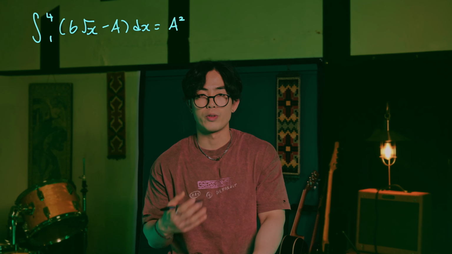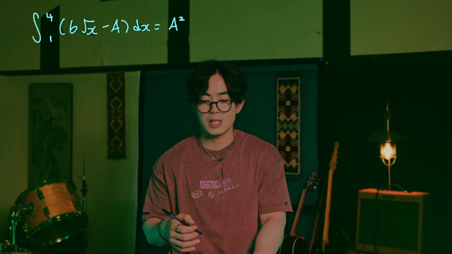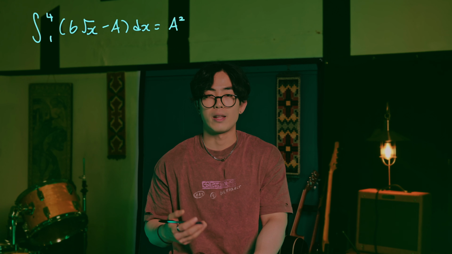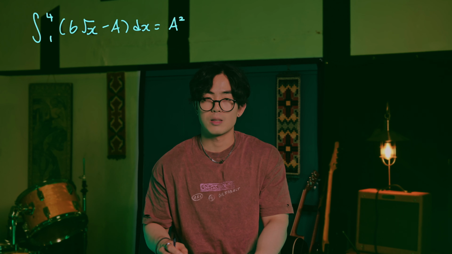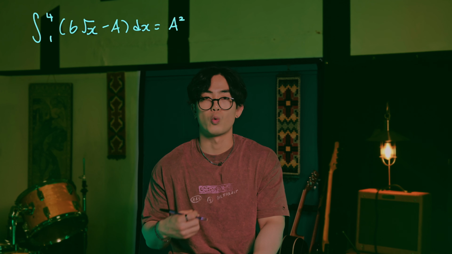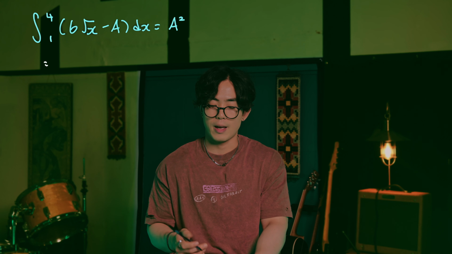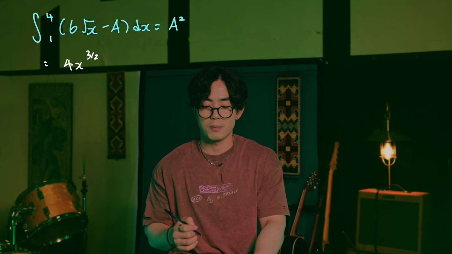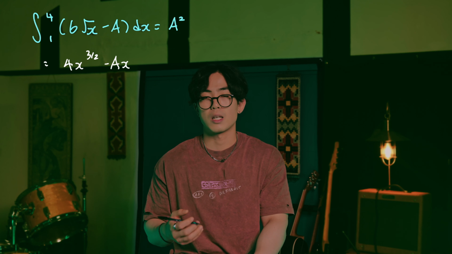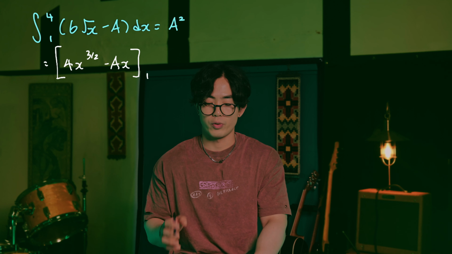We can also find terms within a function. For example, this question here, you can see we have limits of 1 to 4, and we have the function 6 root x minus a, which we have to integrate. And if we do, they say we end up with a squared. So once again, it's just manipulation, but the same process. Initially, we should always first integrate. So we're going to get 4x to the power of 3 over 2 minus ax, because a is just a constant value, and that's going to be in square brackets with limits of 1 to 4, and that's equal to a squared.